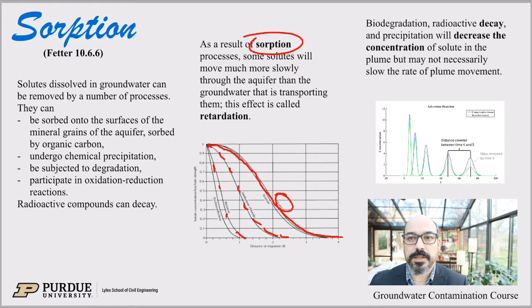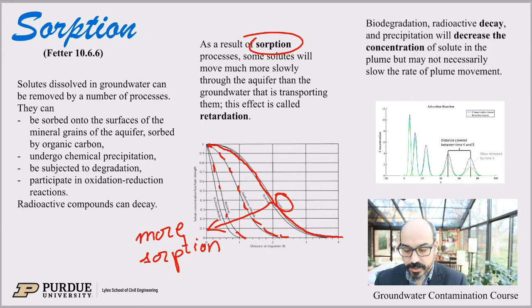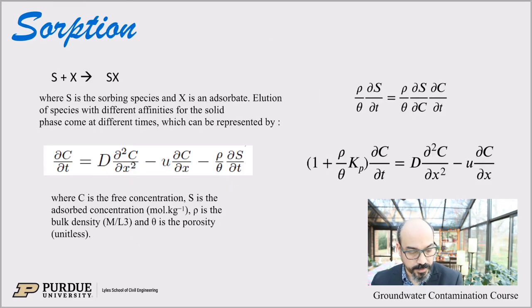So they've been retained in the matrix, and that's because of the process of sorption, and that causes what we call a retardation factor. Now, other processes are biodegradation, radioactive decay, and precipitation, which can also reduce concentration or reduce the amount of matter in transport, and we'll see those in different lectures.